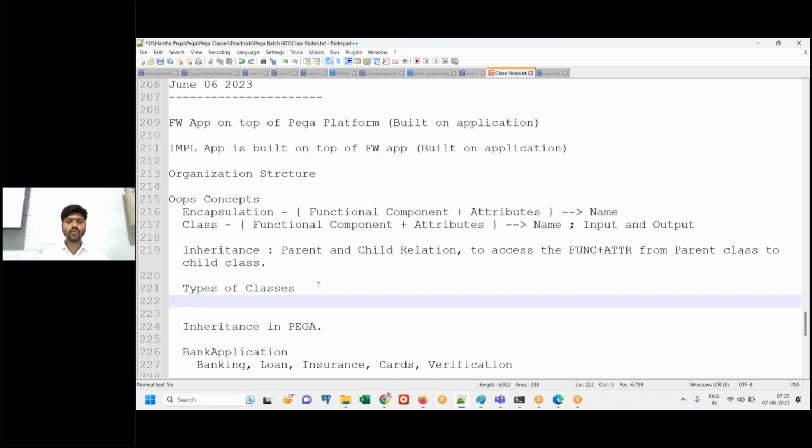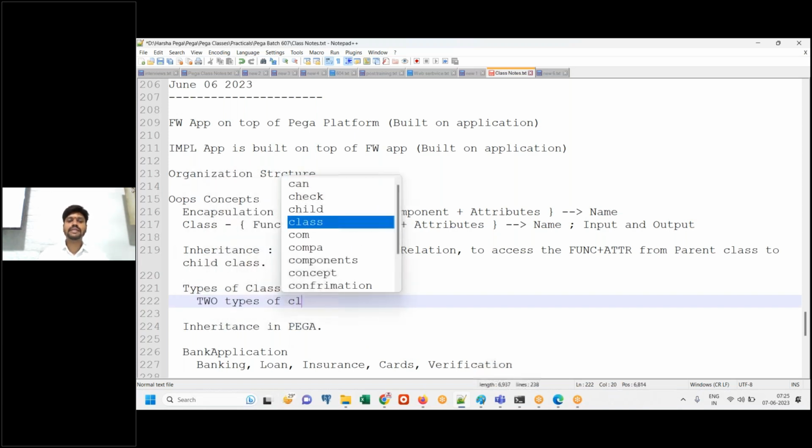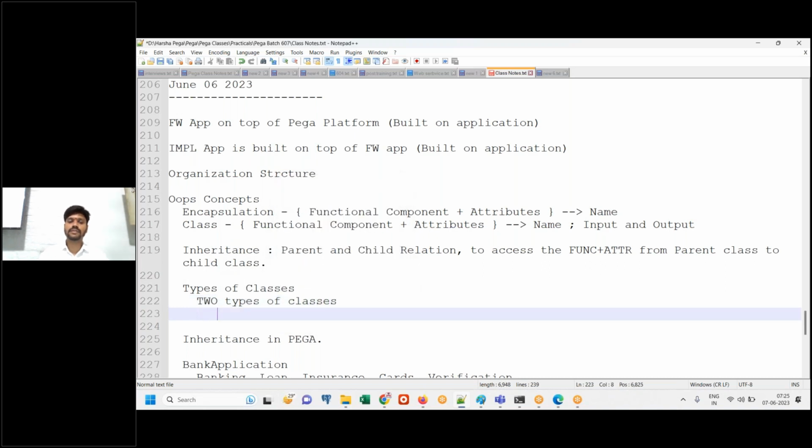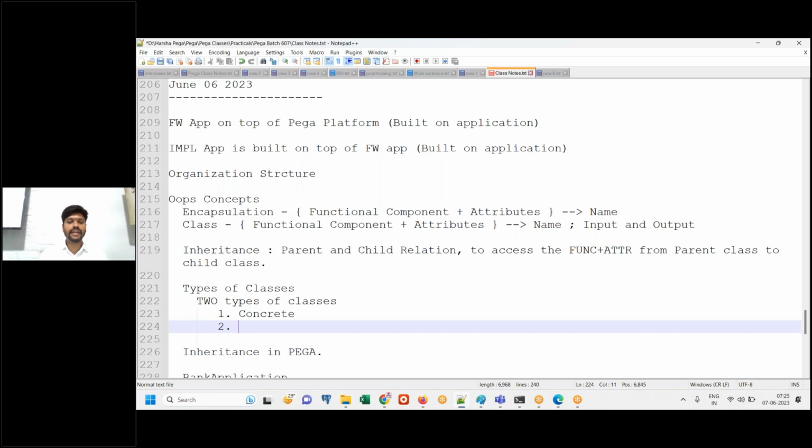See, there are 2 types of classes in the object oriented programming system. One is concrete and the second one is abstract class. Usually people say abstract class and concrete class, but I will always say concrete first and then abstract next. You will understand the reason why.